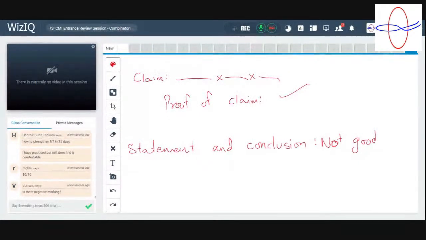So in UGB there is no negative marking. In UGA, yes, there is. It doesn't look negative, but it is. So in UGA, it's +4 for correct and 0 for incorrect and 1 for a question that you've left. So for unattempted, you get 1 mark.